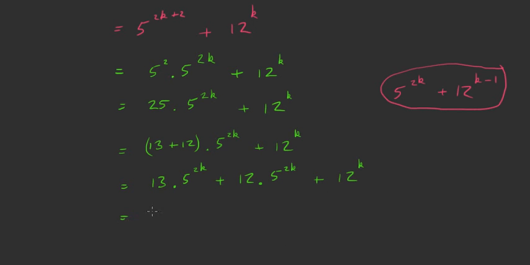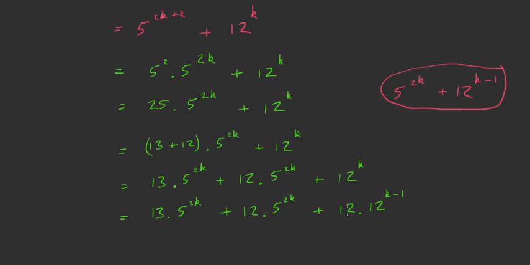So I'm going to leave this 13 times 5 to the power of 2k for the moment, and I'm just going to have a look at this here. I need a 12 to the power of k minus 1. Here I've got a 12 to the power of k, so what I might do is leave that there and put in a 12 times 12 to the power of k minus 1.